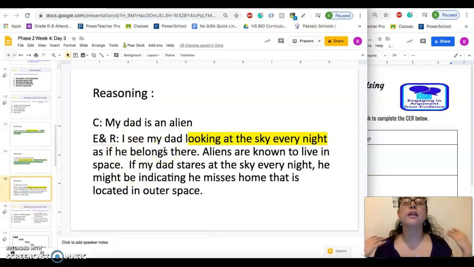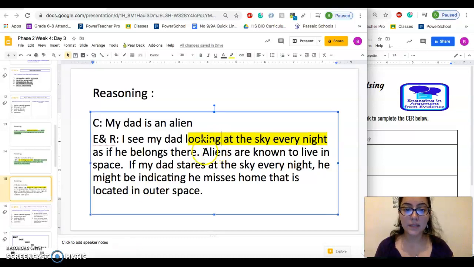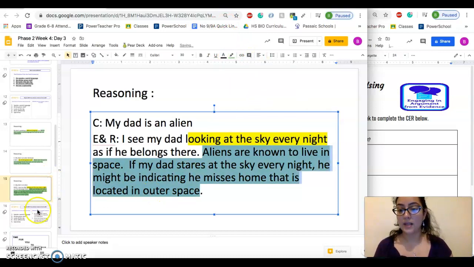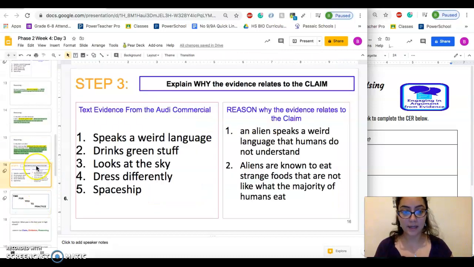Why, once again, is that important? How is that relevant? Well, it's relevant because aliens are known to live in space. If my dad stares at the sky every night, he might be indicating he misses home, which is located in outer space.